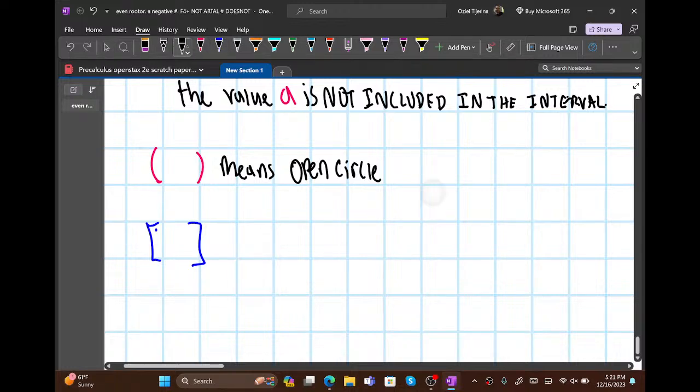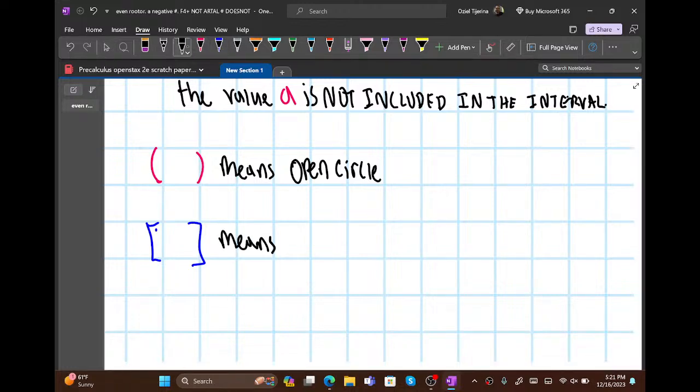So brackets mean closed circle, dot, or hole, whatever you want to say, or you fill it in, whatever.